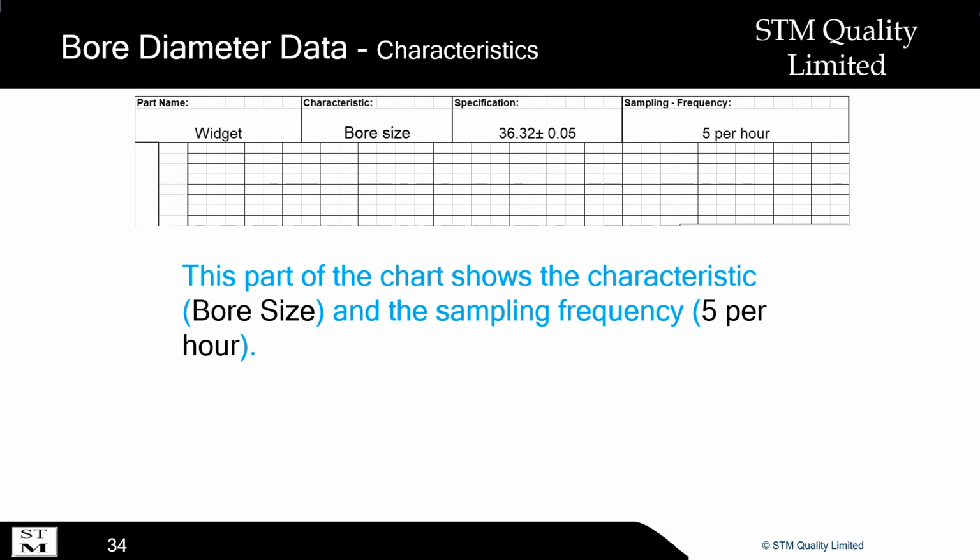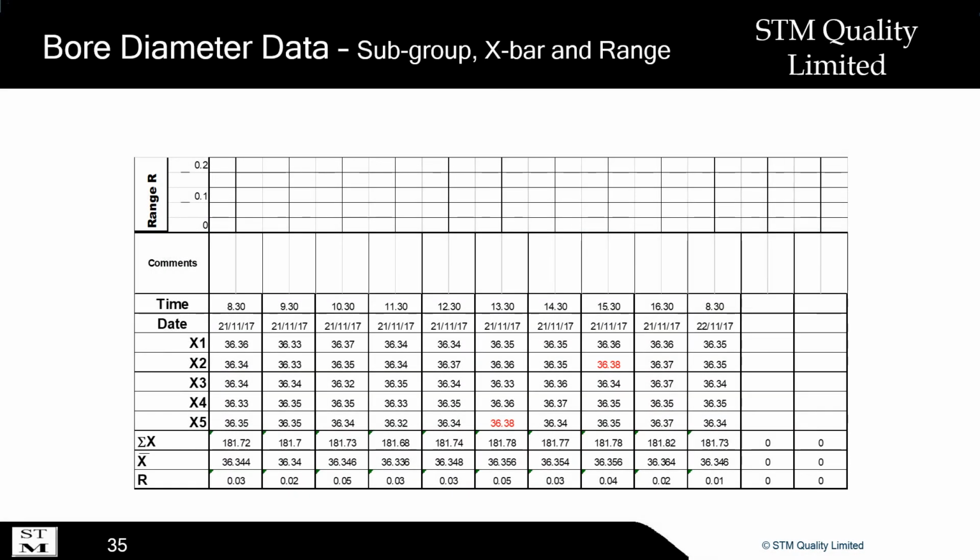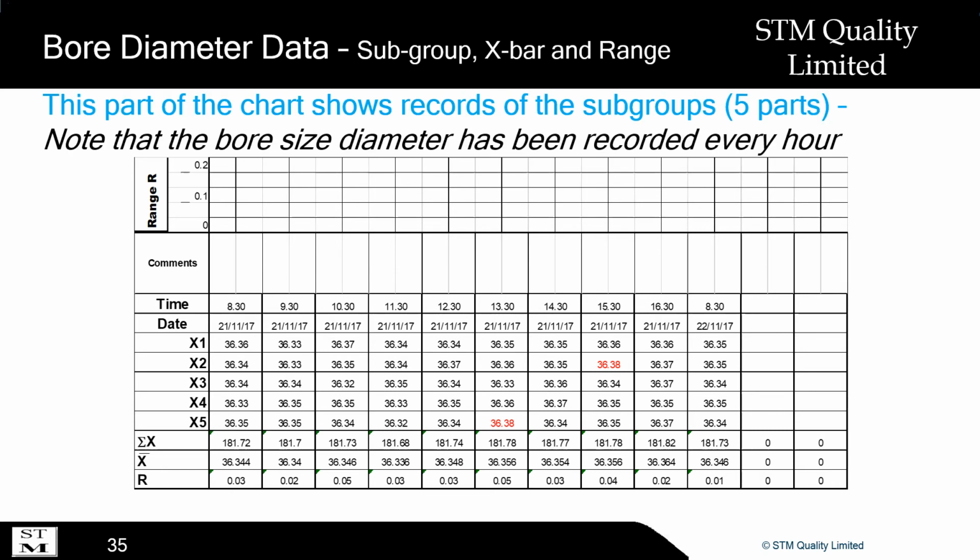Let's look at the bore diameter and the characteristics. This part of the chart shows the characteristic, the bore size, and the sampling frequency, 5 per hour. This part of the chart shows records of the subgroups, 5 parts.